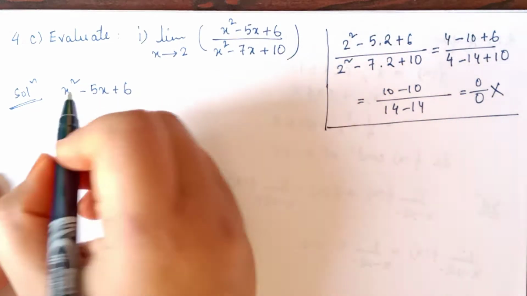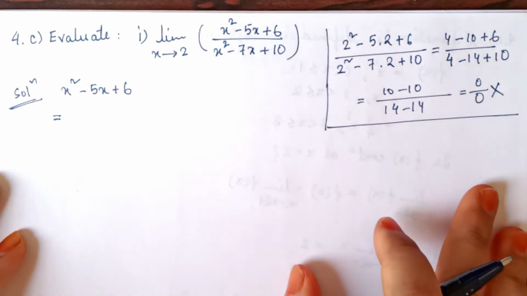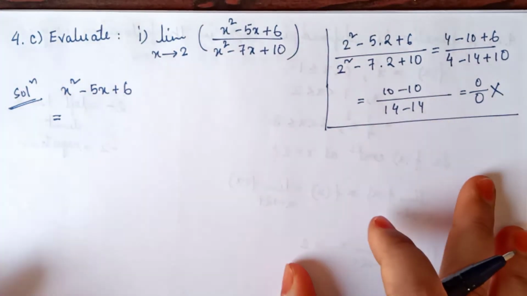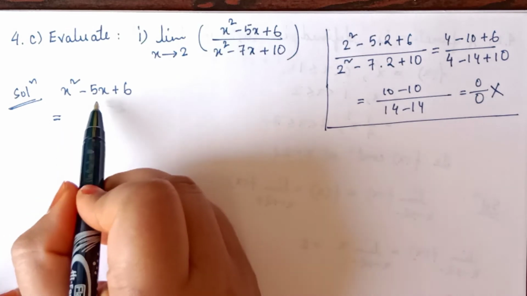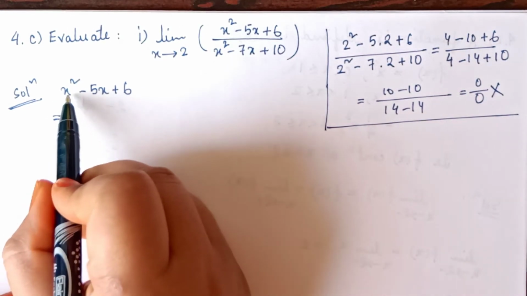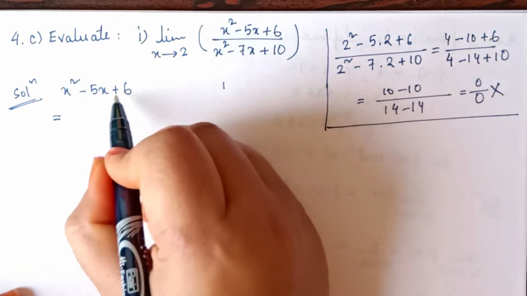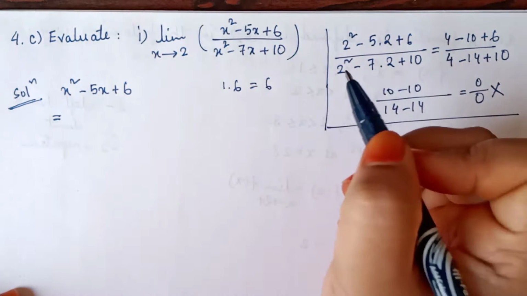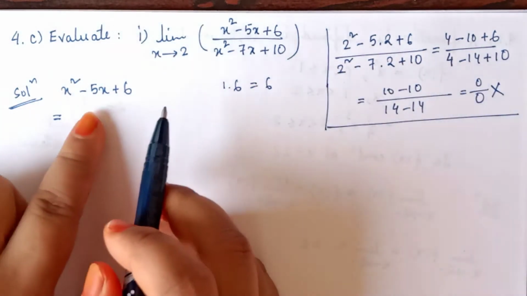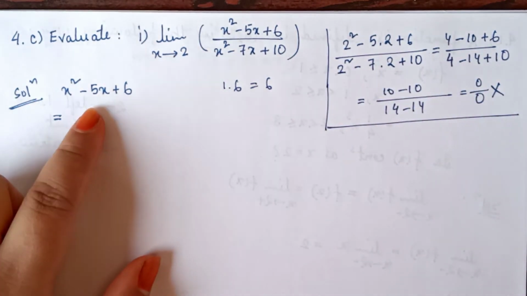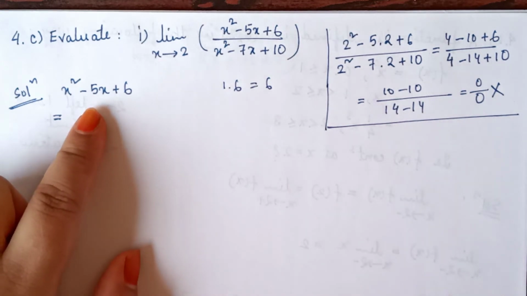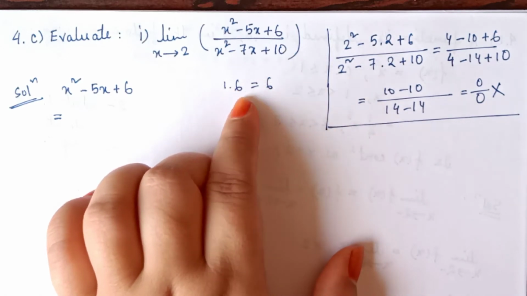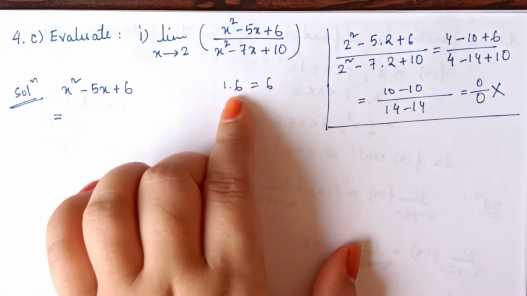Now how do we find it? Here, in x square minus 5x plus 6, the coefficient of x square is 1 and the constant value is 6, so their product will be 6. Now this value 5 should be expressed as the sum or subtraction of the factor values.